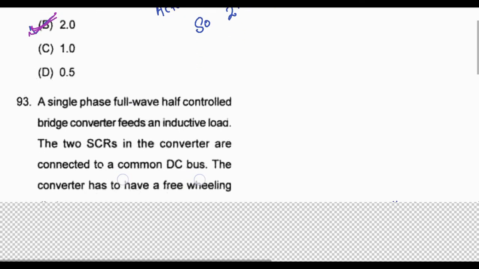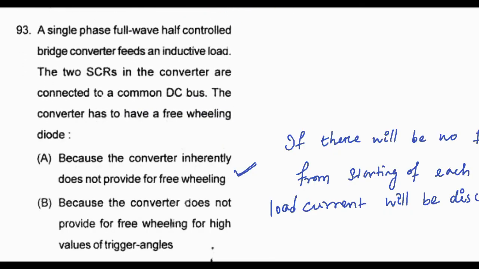Next question: a single phase full wave half controlled or semi controlled bridge converter feeds an inductive load. The two SCRs in the converter are connected to a common DC bus. The converter has to have a freewheeling diode. Option A, because the converter inherently does not provide for freewheeling.